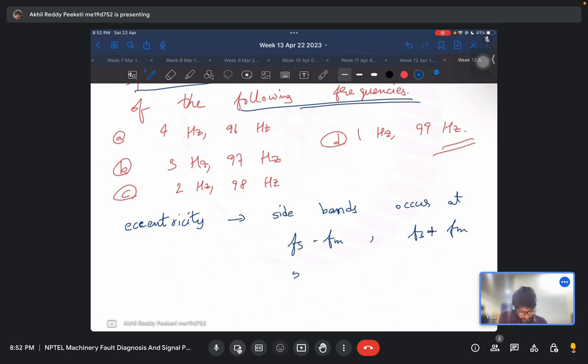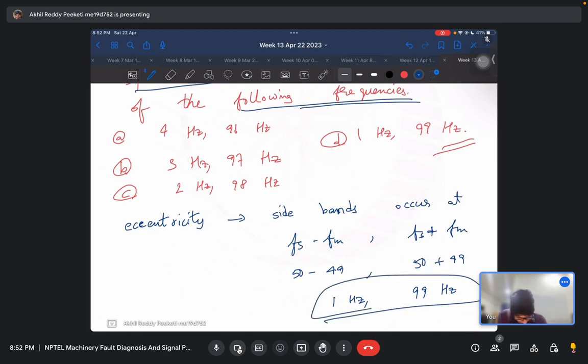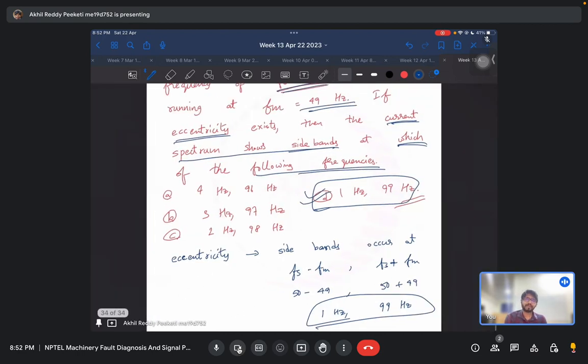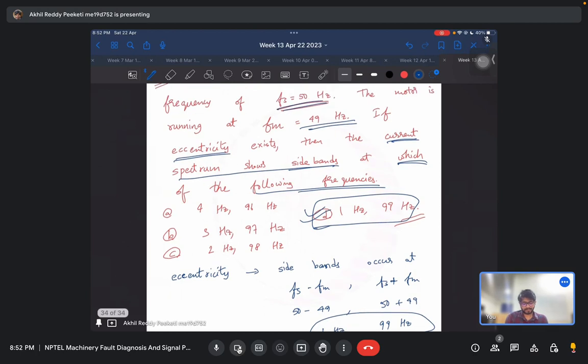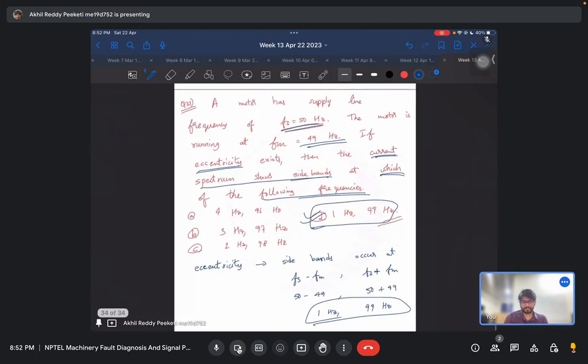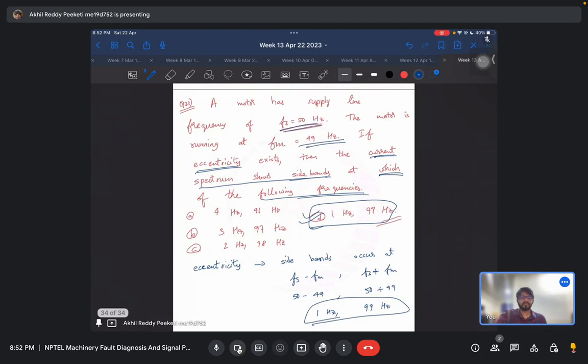So it would be 50 minus 49 and 50 plus 49, so 1 Hertz and 99 Hertz. Okay, so this is where the sidebands would occur in the case of eccentricity during the current spectrum analysis for a motor. Let's move to the next question.